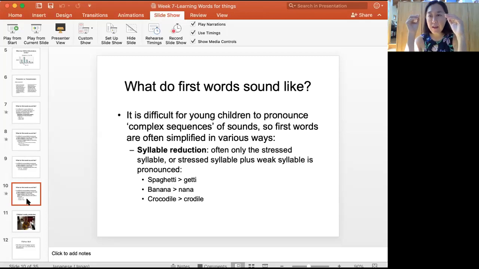What's interesting is that spaghetti has its stress on "get", so you maintain that stress. The unstressed parts get dropped off. Children hear only the stressed part and omit what isn't needed, and this happens often.